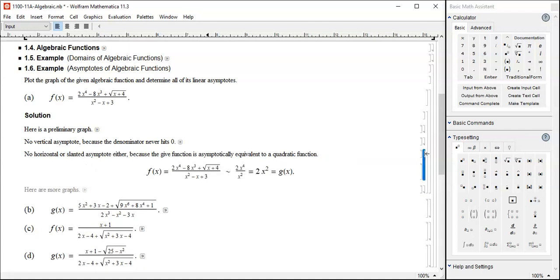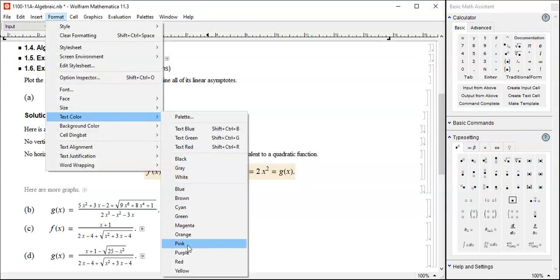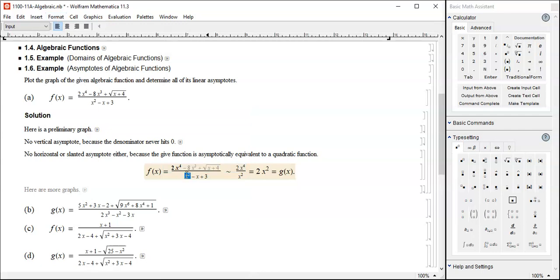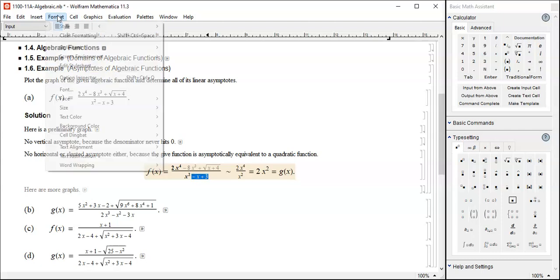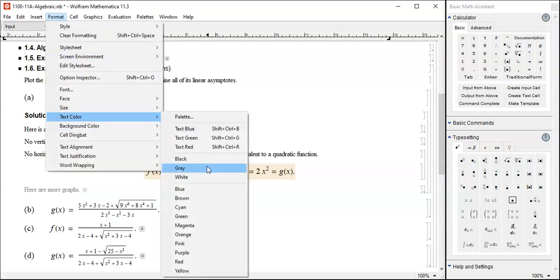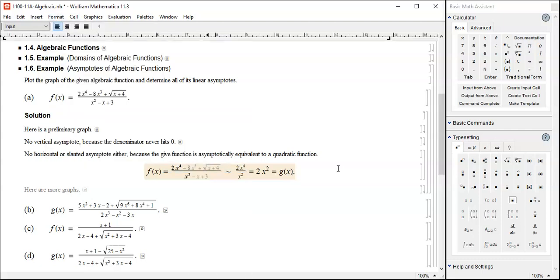Horizontal asymptote, we can use the asymptotic estimation. Take the leading term only, and the rest do not contribute. So what do we have?